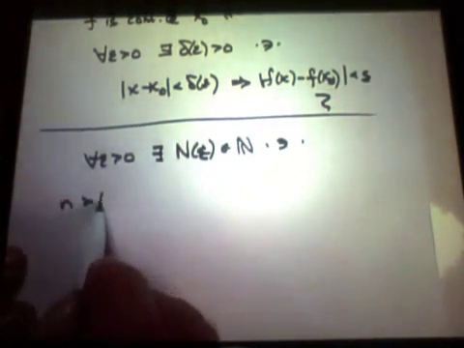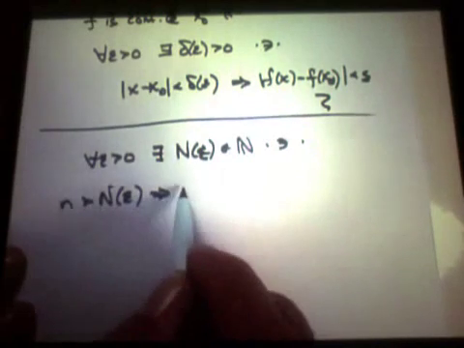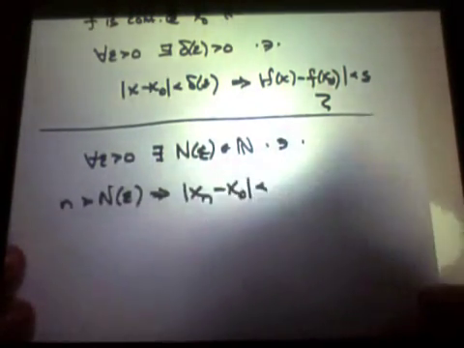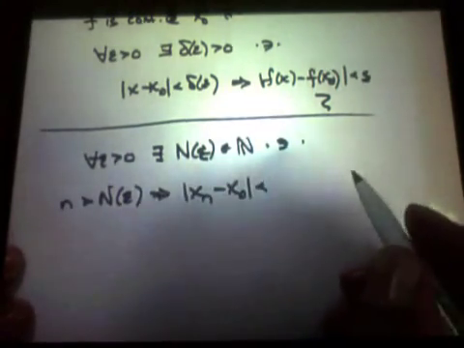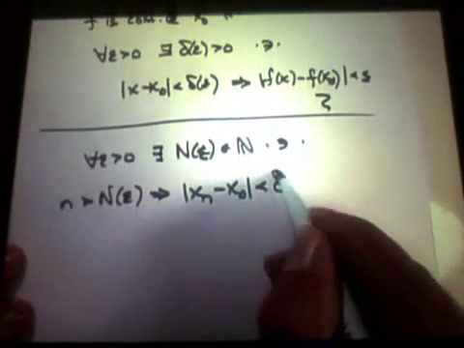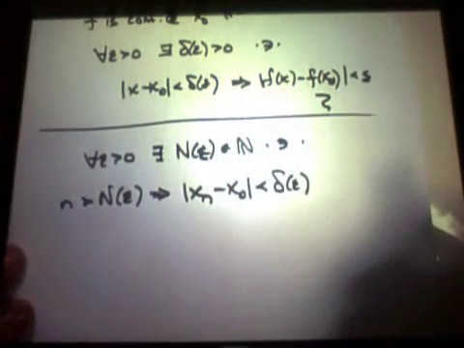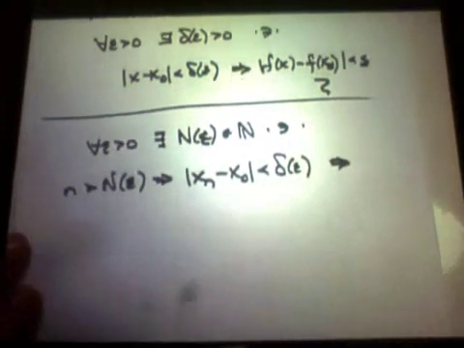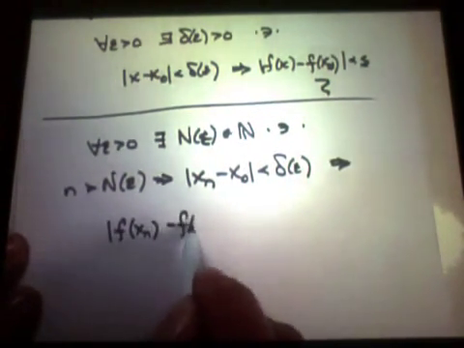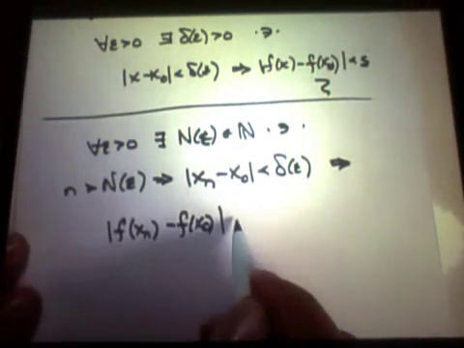N greater than n of epsilon implies absolute xn minus x naught less than, should we say delta? And that implies the same thing, absolute f of xn minus f of x naught is less than epsilon.